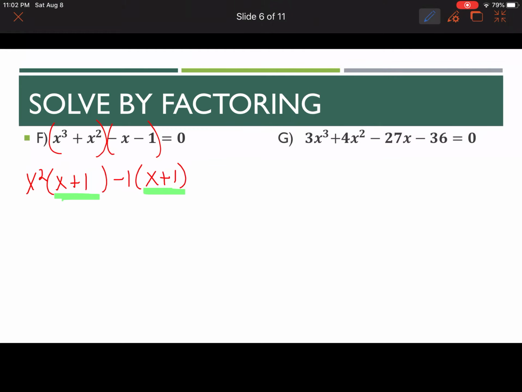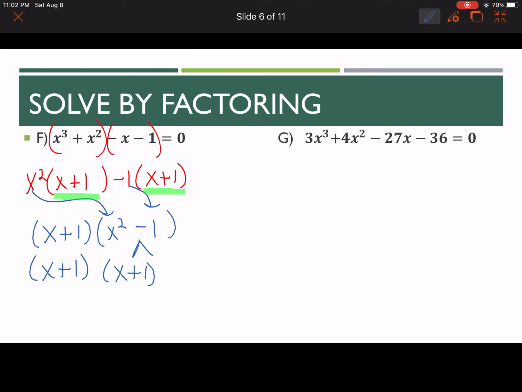So our first factor is the x plus 1. Our second factor is the GCF, x squared, and then the -1. So we have x plus 1. This is going to break down to x plus 1 and x minus 1.